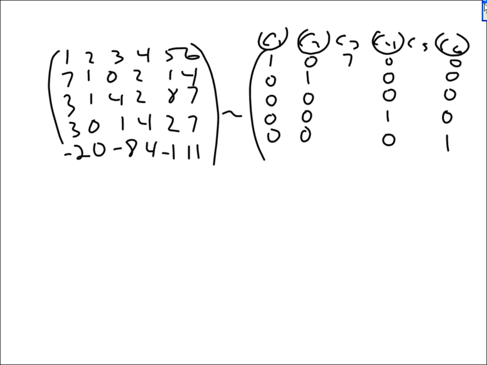And here I'll have 7, 2, 0, 0, 0, and 3, -4, 0, -7, 0.